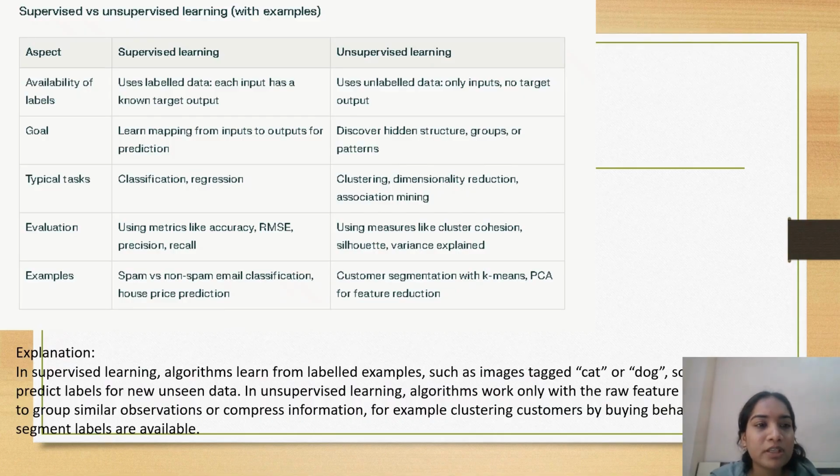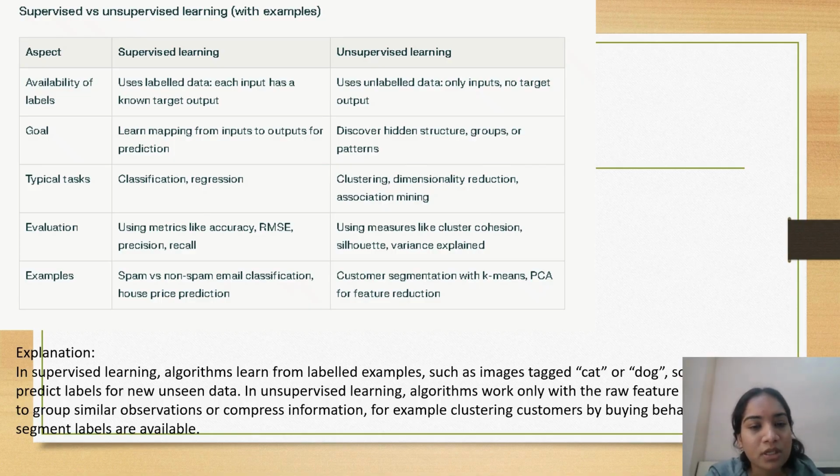Now let us see supervised versus unsupervised learning with examples. Supervised data is labeled and unsupervised data is unlabeled. The goal of supervised learning is to predict output based on input, but the goal of unsupervised learning is to find hidden patterns or structures. Supervised examples are predicting house prices, like regression, and spam detection, which comes under classification.